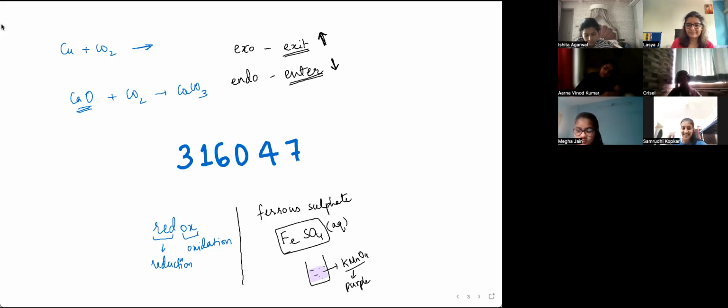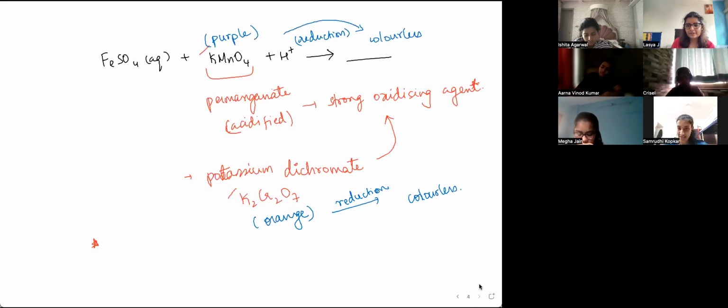Okay. See, this is something that we had come across earlier also. So all double displacement reactions are precipitation reactions, but the other way around is not correct. Like a precipitation reaction can happen, but it may not be a double displacement. But all double displacement reactions automatically become precipitation reactions also.